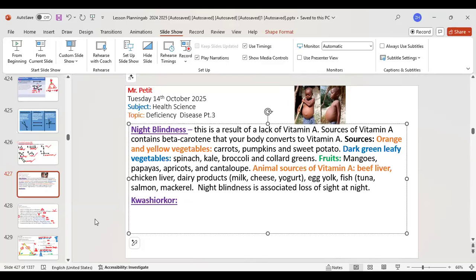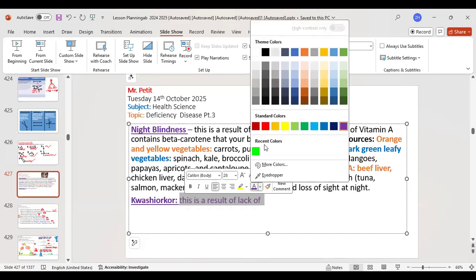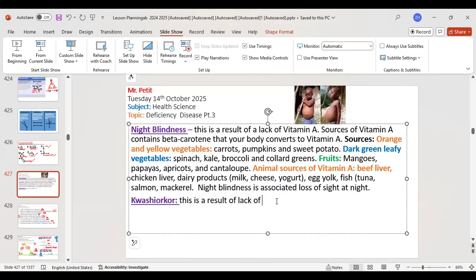Okay, so that's that. So now Kwashiorkor is due to this. This is a result of lack of protein. Very good. Lack of protein.